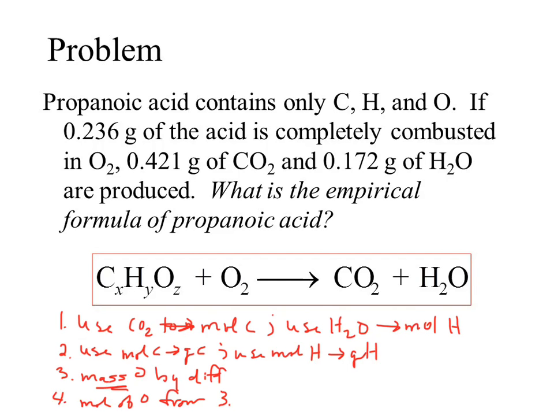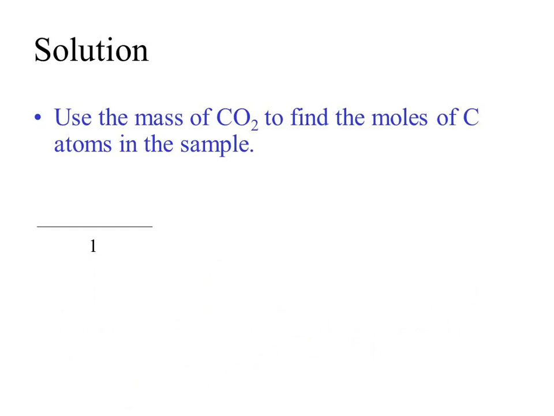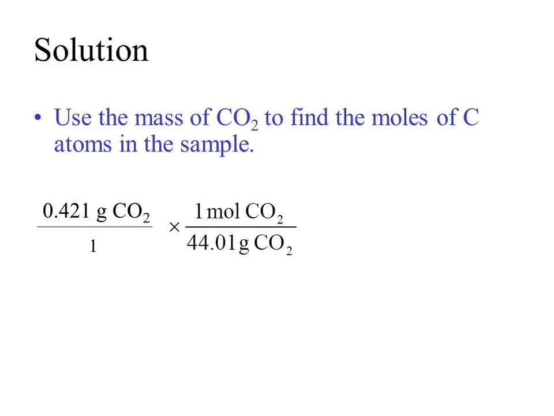So it's going to be very similar to what we did yesterday, or 2 days ago. So getting the moles of carbon from our mass of CO2, we start with the mass of the CO2, and what you guys did the other day was to use the molar mass next, at 44.01 grams per mole. That's the flipped version of the molar mass of CO2. That will give you moles of CO2, and then how do we get moles of carbon?